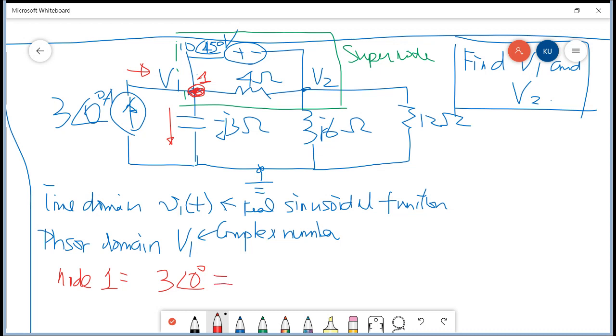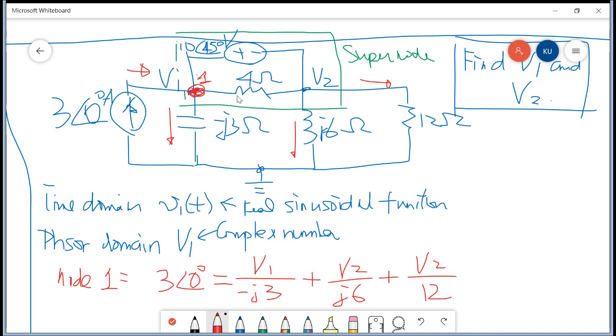So this one will be V1 over minus J3, and then this one is going out, so we have V2 over J6, and then this one is going out, so we have V2 over 12, and so this is the equation for the supernode.